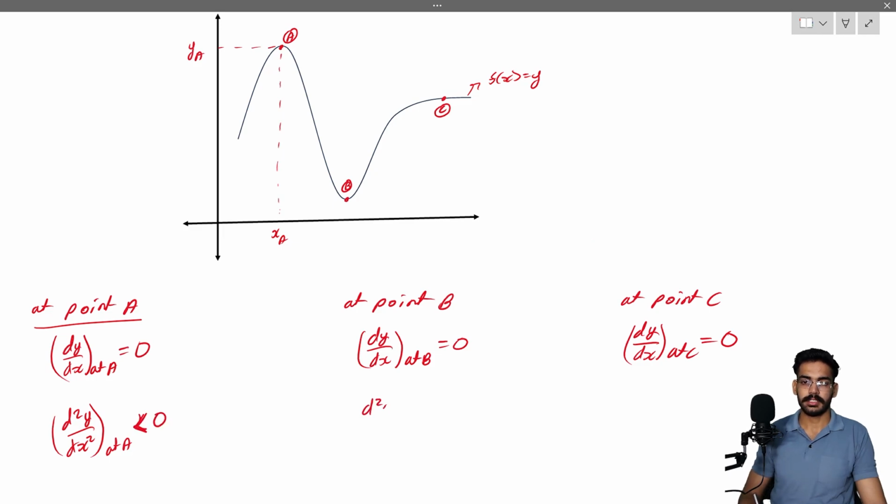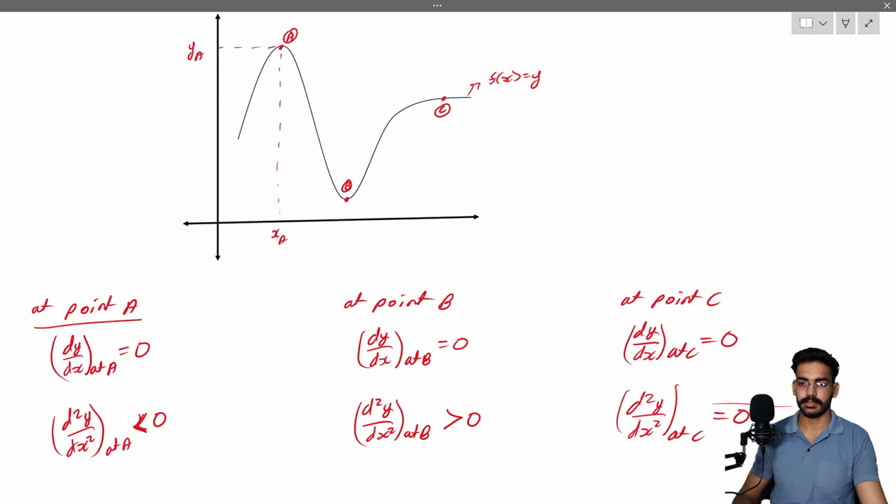And d2y by dx square at b, what can we say about b? It's going to be positive. And d2y by dx square at c will be 0, so there is no use of this point.